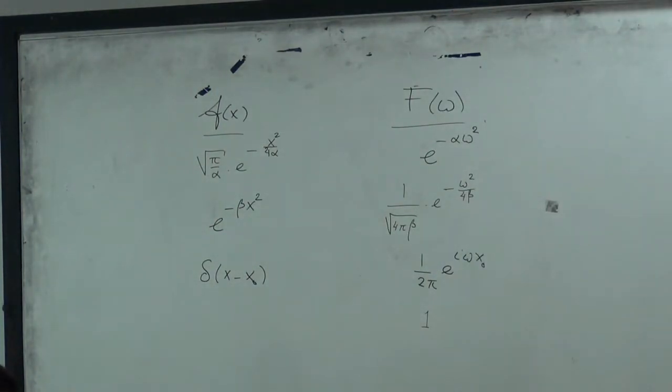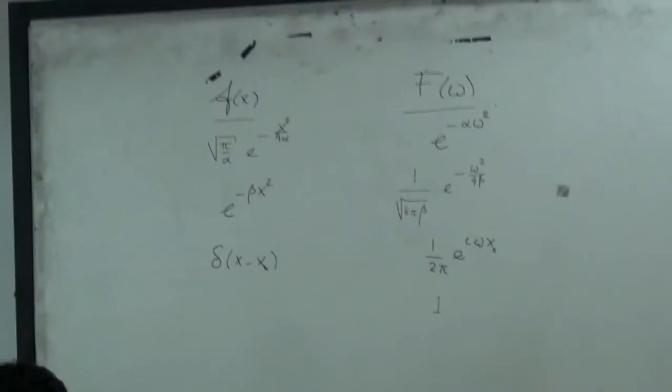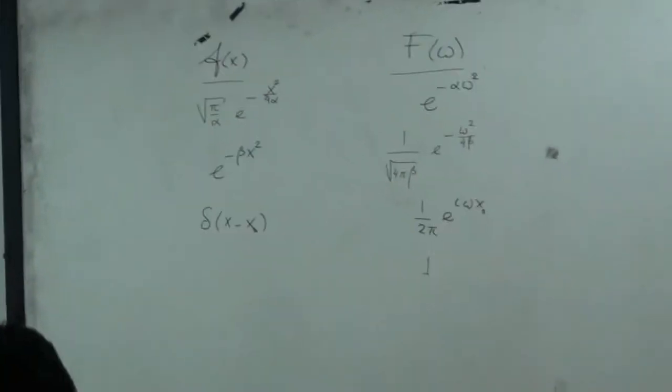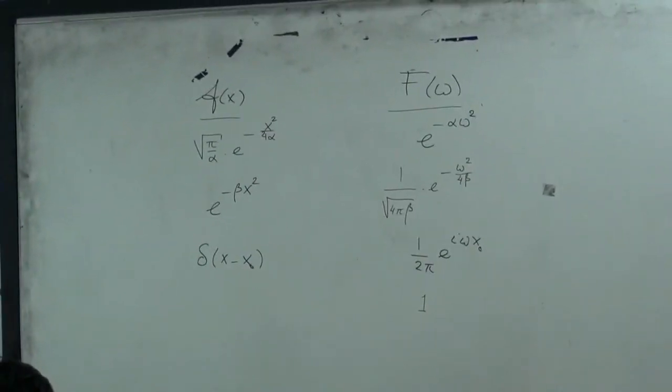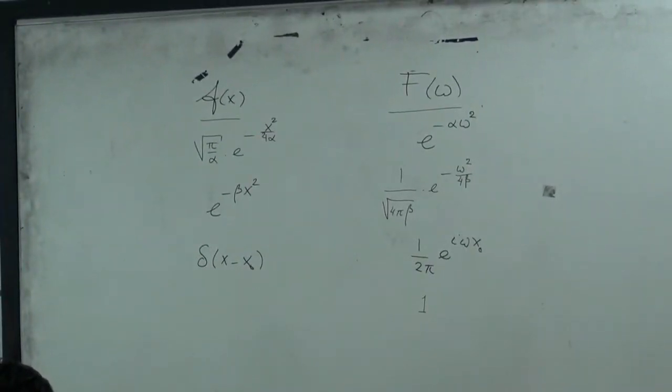Is that a difficult exercise? If you look carefully, the solution is already in the table. So if I find in the omega domain the function 1, what is in the original x space my function f(x)? Delta x.